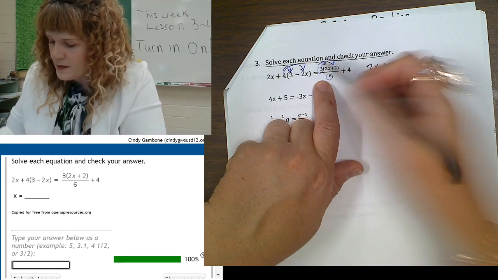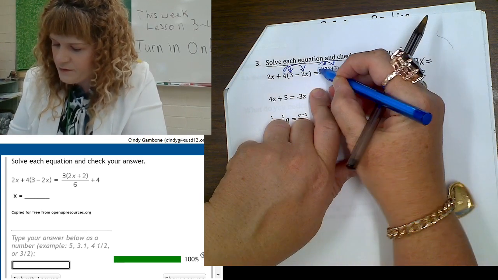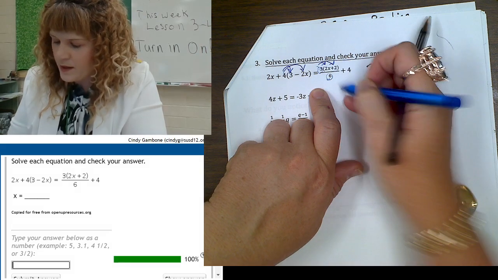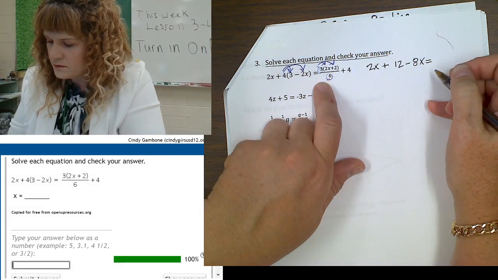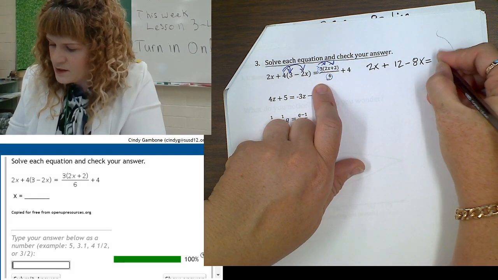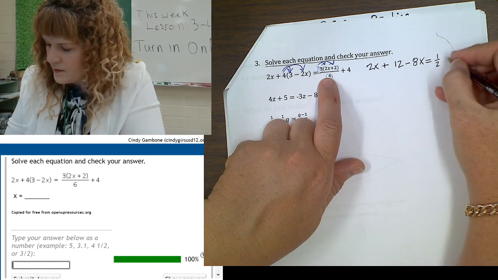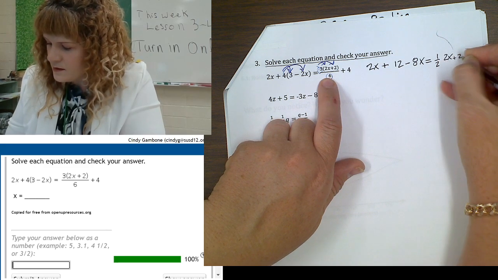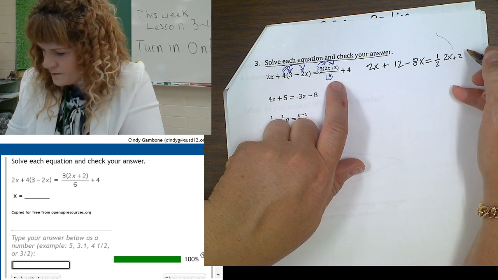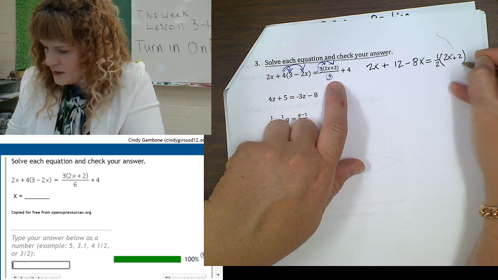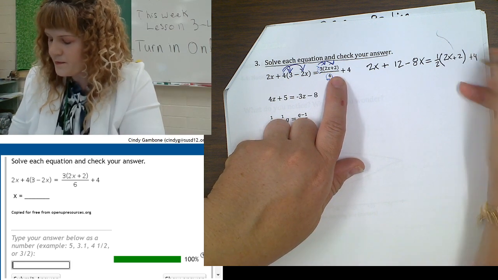I'm not going to eliminate the parentheses on the other side because I noticed I have 3 divided by 6, and that's 1/2. So that's actually 1/2 times (2x plus 2) plus 4.